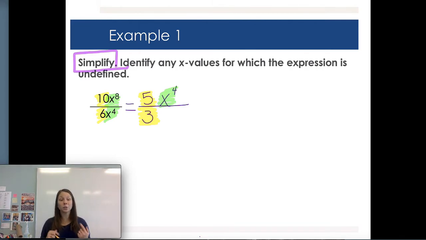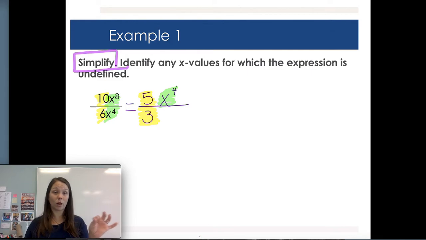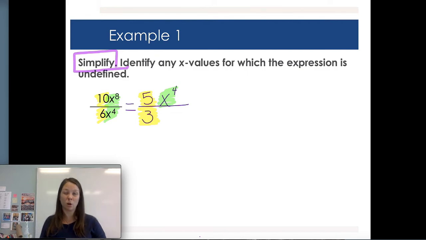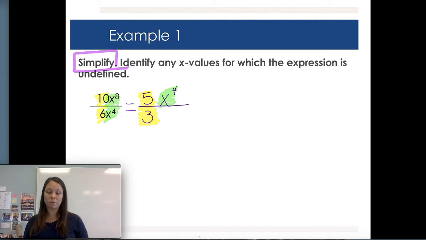Now I know x to the fourth is going to go in the numerator, or the top of this fraction, because when you look at the original problem, the larger exponent was in the numerator. If the larger exponent had been in the denominator, then when I find the difference of these exponents, I will put that variable with the exponent in the numerator or denominator, depending on where the original larger exponent was located. You'll be getting some practice with that once we move on to some future problems.